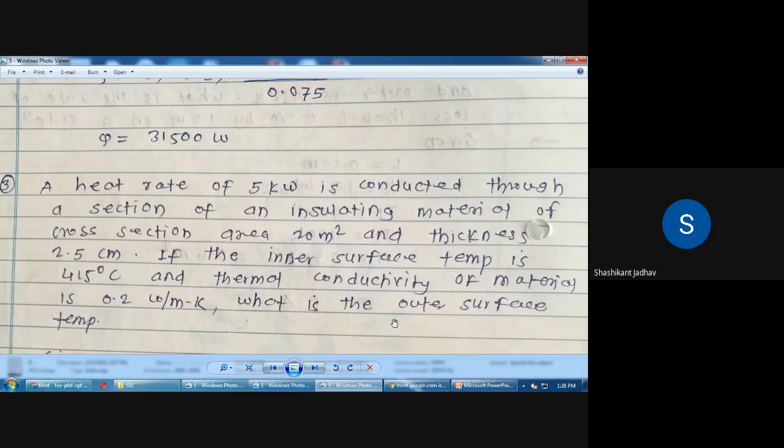Put your answer in the chat box. Okay, simple problem. Only we have to find out the T2.